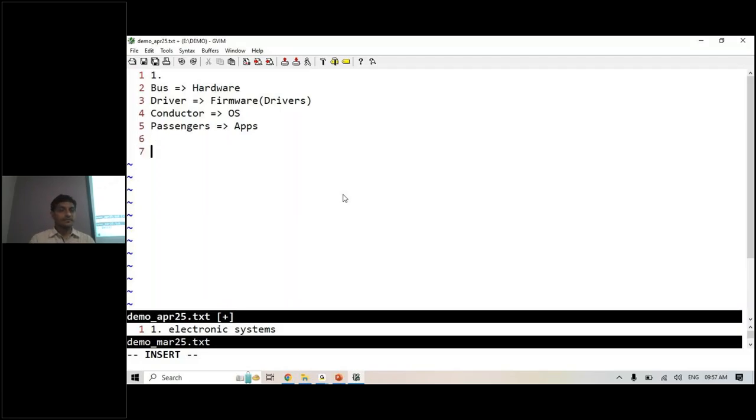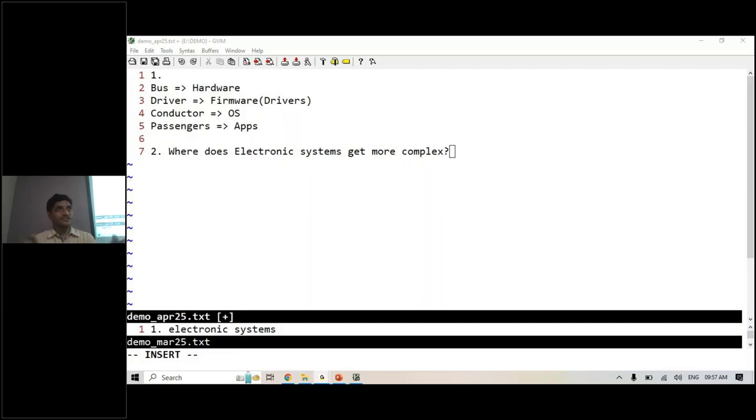So where does it get more complex? Where does the electronic system get more complex? In case of a bus, there is only one thing to control.